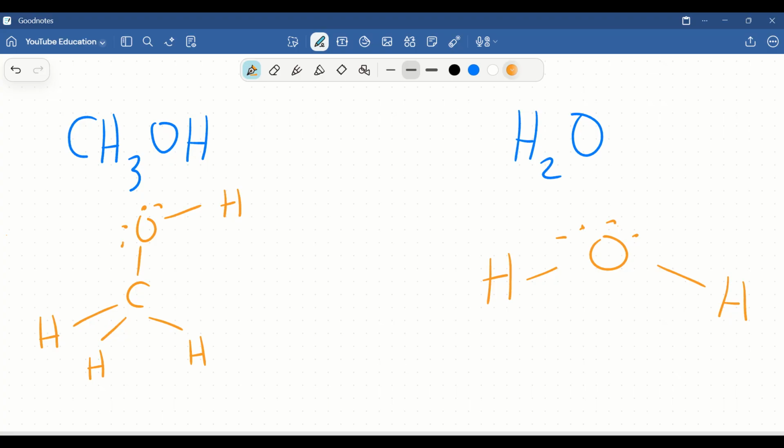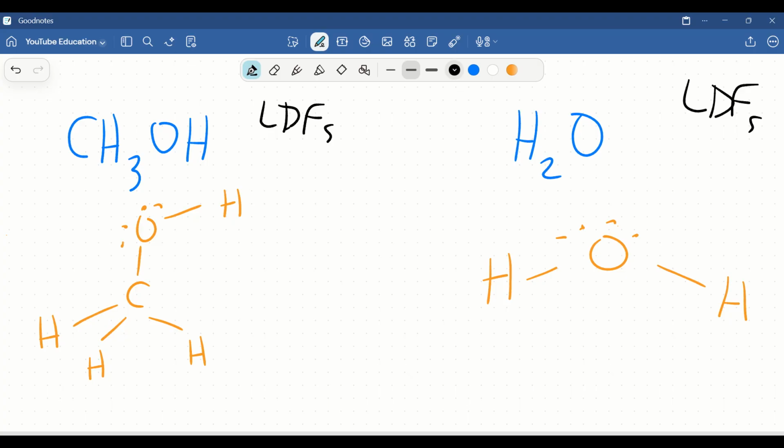Now let's talk about the different types of intermolecular forces present. In methanol, all molecules have London dispersion. So actually I'll write that for water as well. Now methanol, we have a hydrogen bonded to an oxygen, and that will certainly interact with the other oxygen on another methanol molecule.